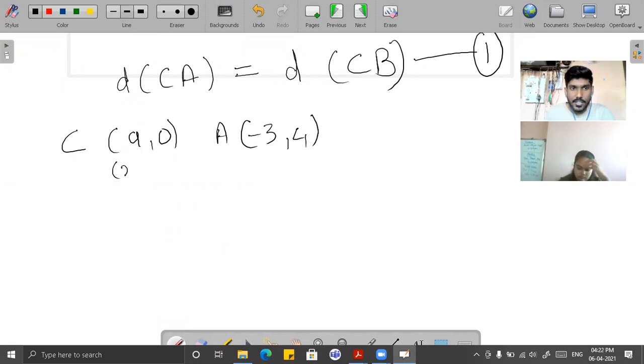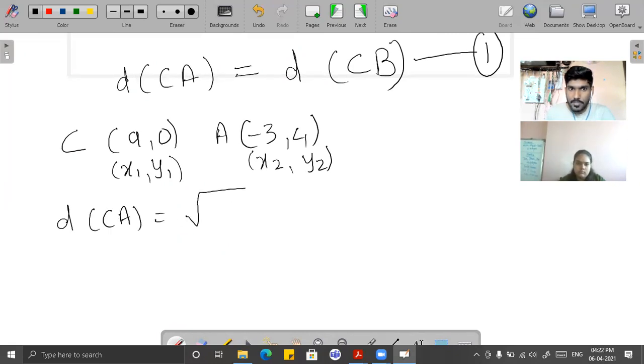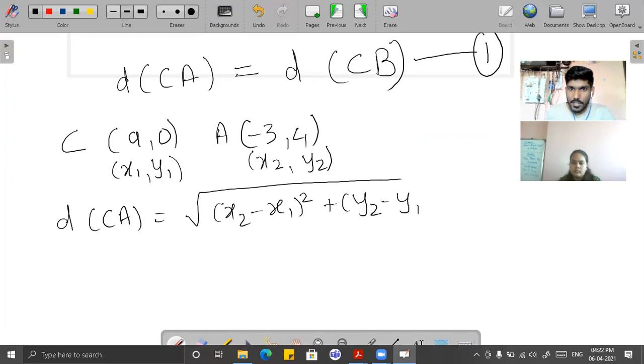I'll take this to be x1, y1, and this to be x2, y2. Now you find out distance CA. By the distance formula, this will be the square root of x2 minus x1 the whole square plus y2 minus y1 the whole square. Now tell me what is x2, x1, y2, y1?